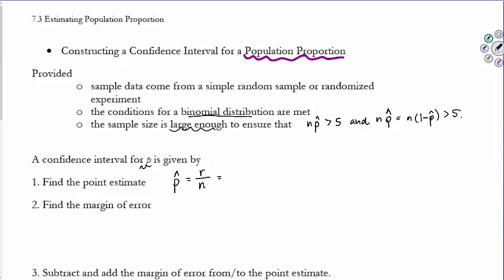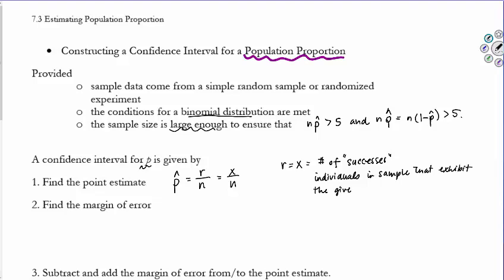The textbook uses r, we like to use x as well, where r or x is the number of successes, or the number of individuals in the sample that exhibit the given characteristic, the thing we're looking for.